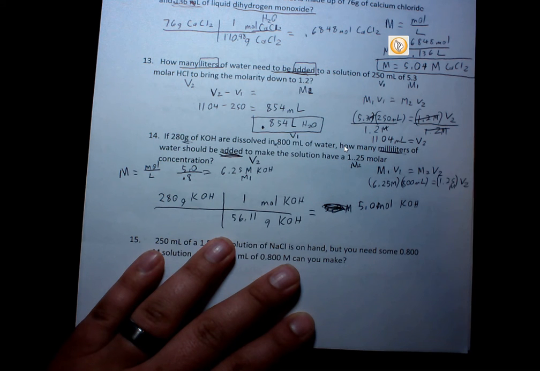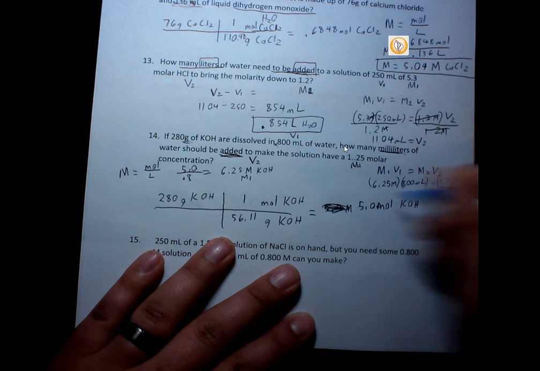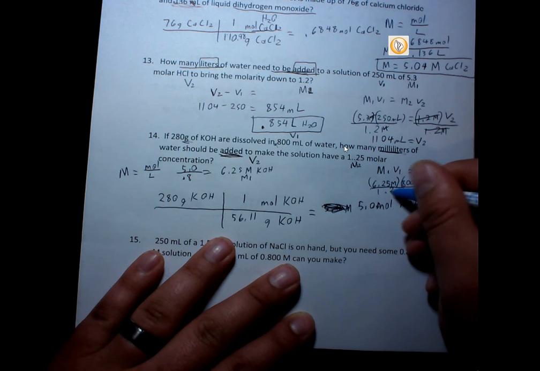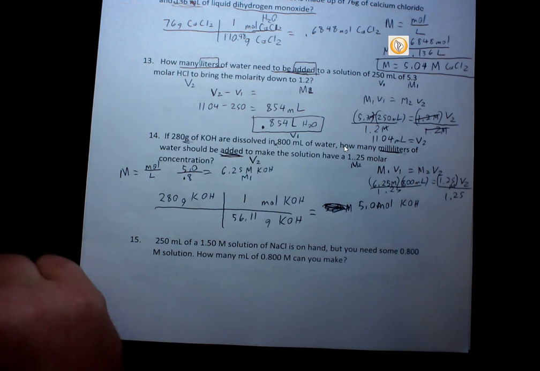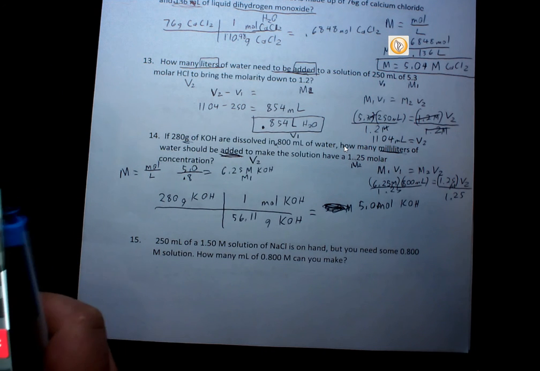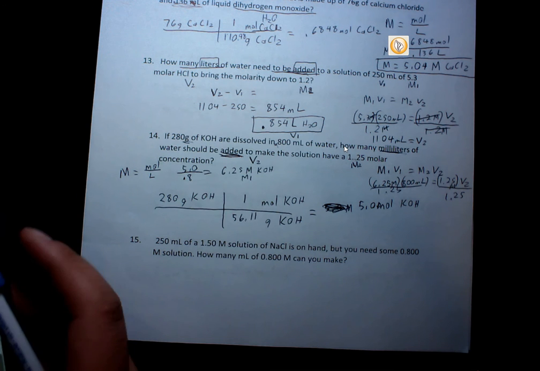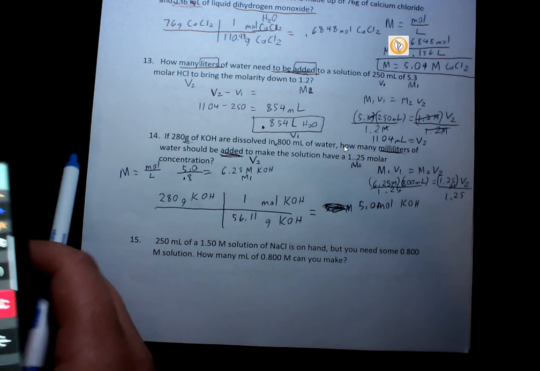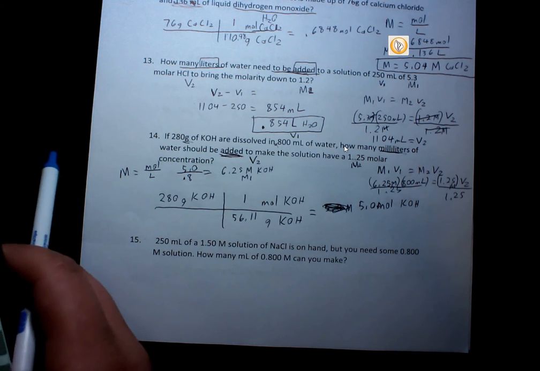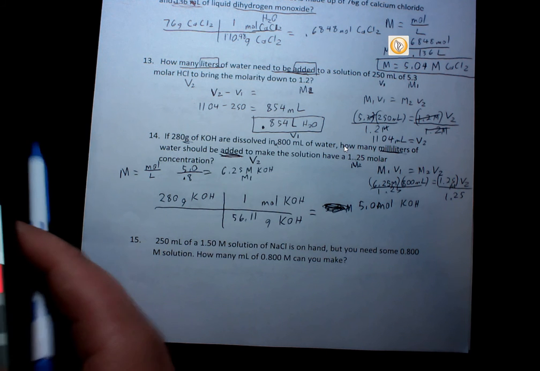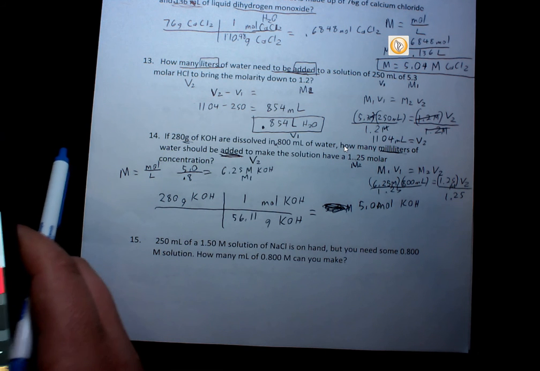So we're going to solve for that by getting V2 by itself. 6.25 times 800 divided by 1.25.